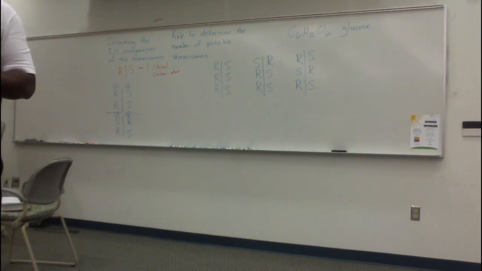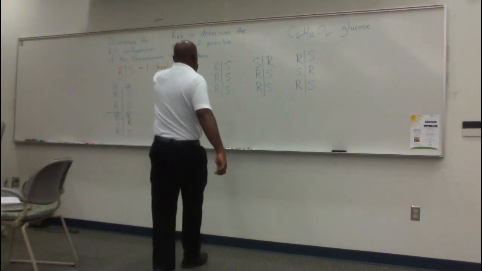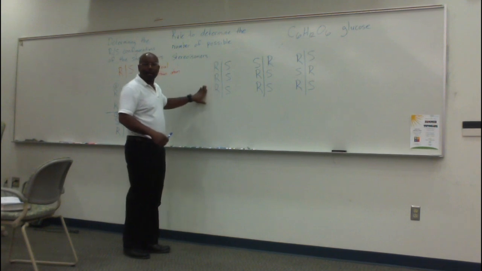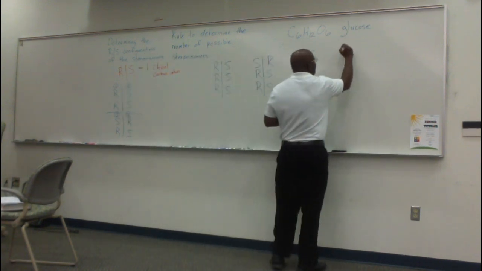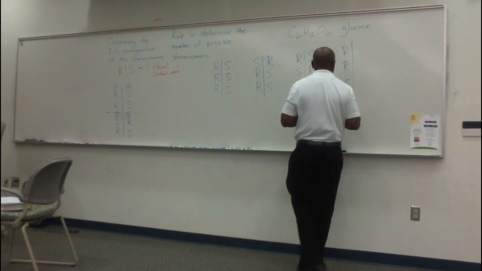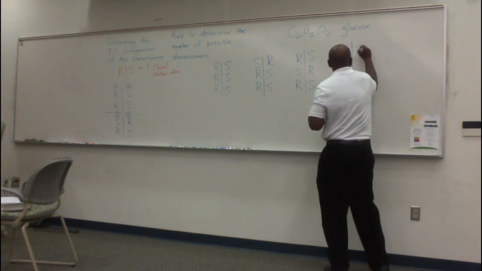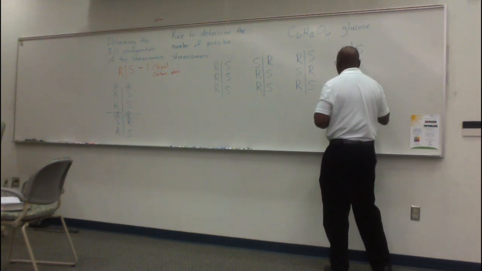Next I'm going to change my third letter. I'm still starting with my same basic one, R, R, R. So it'll be R, R, S. The mirror of R, R, S will be S, S, R.